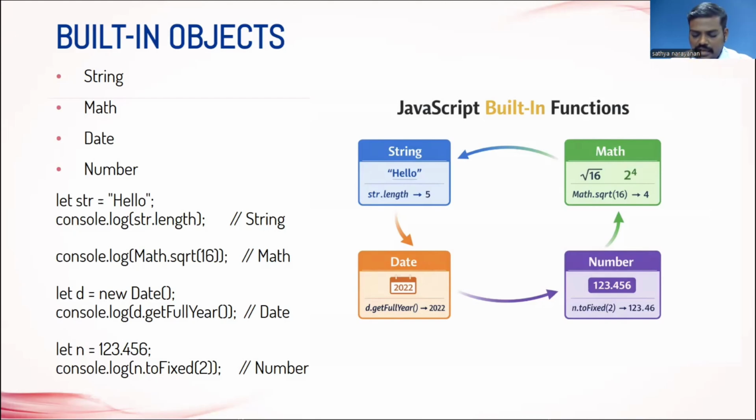So this is the concept called built-in objects. With these four codes we can easily analyze it. I have shared this in the PPT also, and I have added the image, so you can see it.